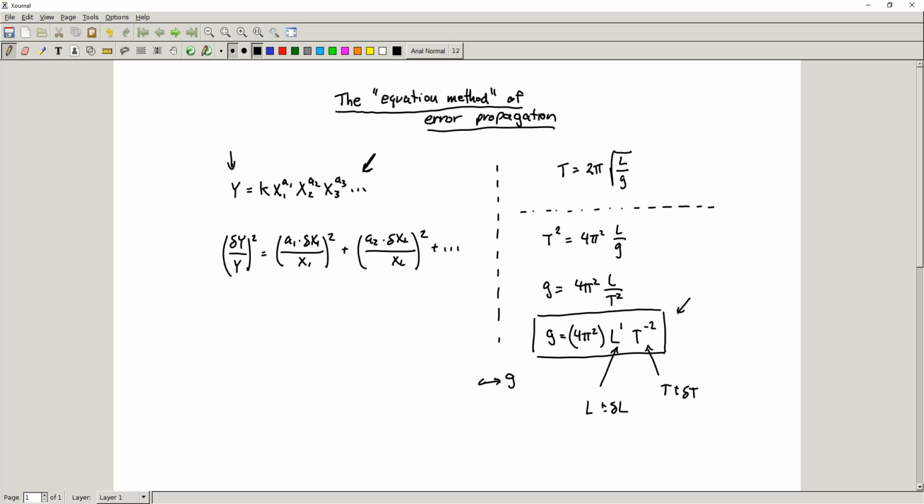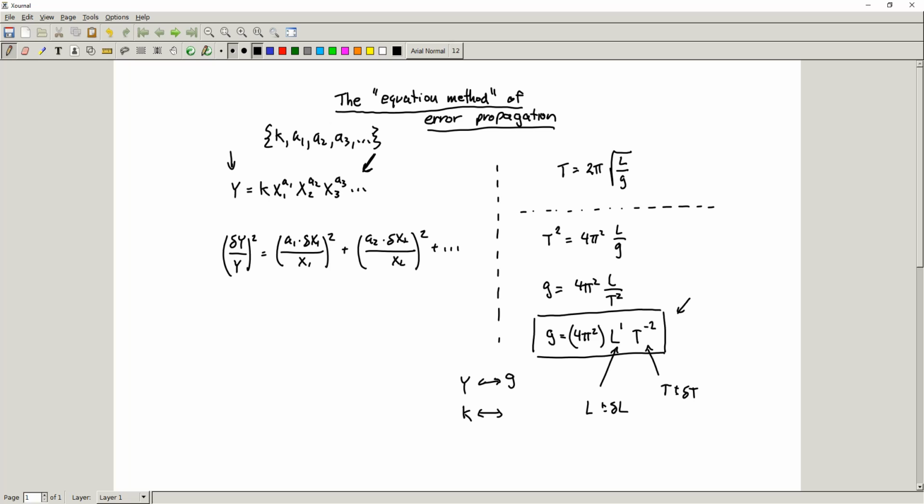Well, G is just going to be what we call y over here. What we call k over here, well, this is a constant, right? So I didn't mention it here, but in the lab manual we do mention it. Maybe I'll say k and A1, A2, A3, and all the A's, all those powers.